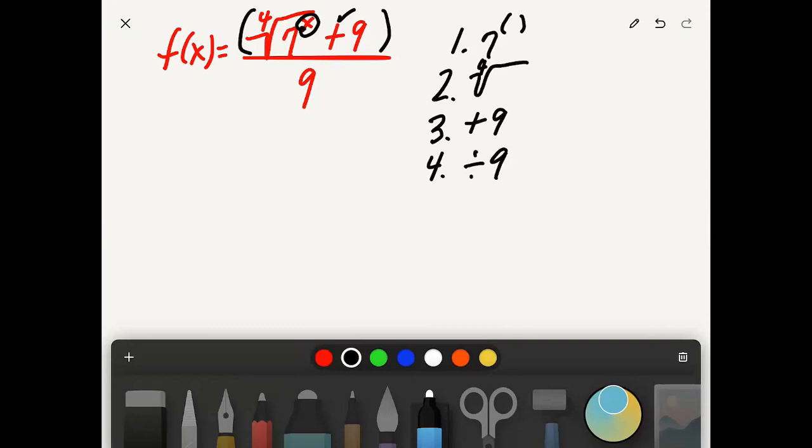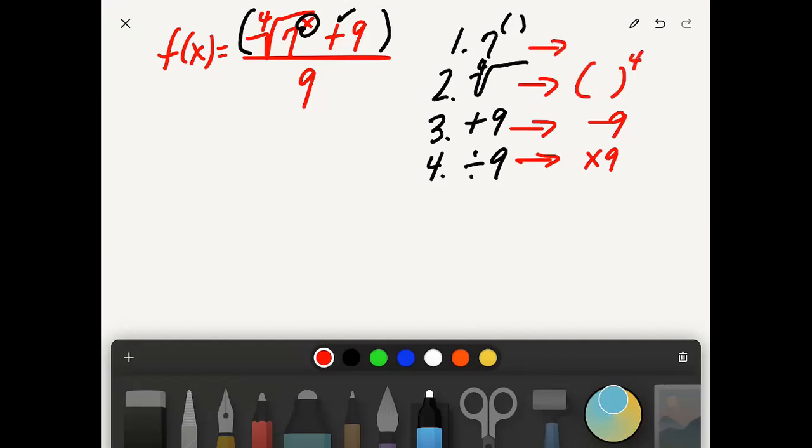Now, once I've got the operations using PEMDAS, I'm just going to take the inverses. The inverse of dividing by 9 is multiplying by 9. The inverse of adding 9 is subtracting 9. The inverse of taking the fourth root is raising it to the fourth power.